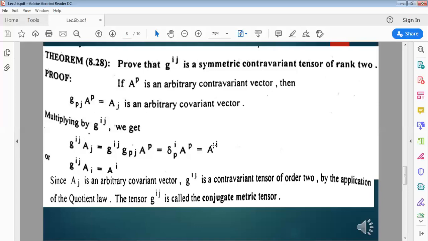So we get answer Ai. So the result is Gij Aj is equal to Ai. Since Aj is an arbitrary covariant vector, Gij is a contravariant tensor of order 2. By application of the quotient law, the tensor Gij is called the conjugate metric tensor.